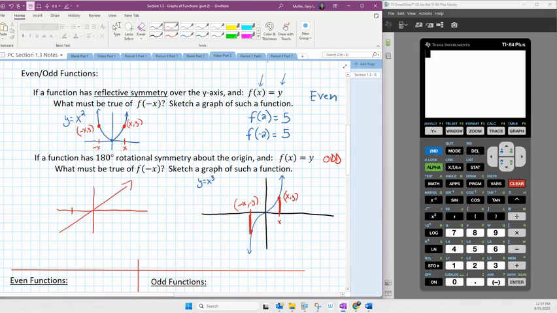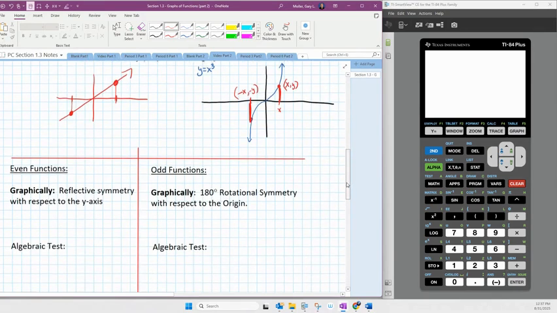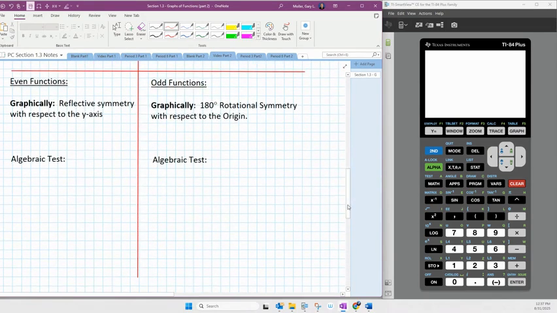If I plug in this x value, I get this y value. If I plug in the opposite of this x value, I get the opposite of that y value. All right. Hopefully that makes some sense, and everything I do next won't undo what you hopefully understand.